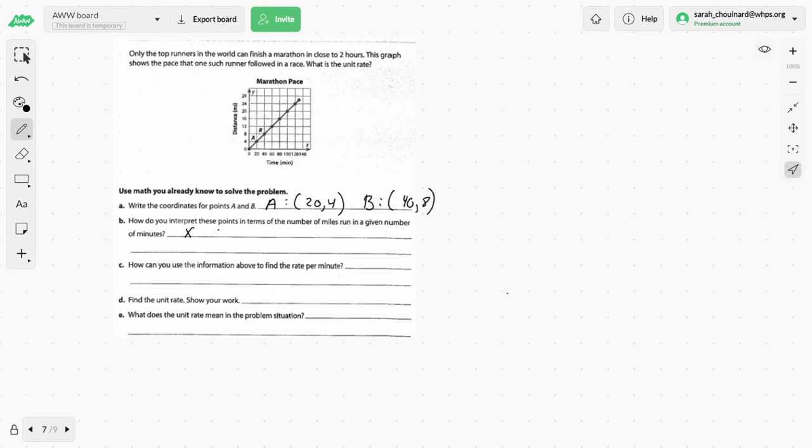Well, the X coordinate is the time ran, and the Y coordinate is the number of miles ran. And can we use the information above to find the rate per minute? Yes, that would be the C.O.P.